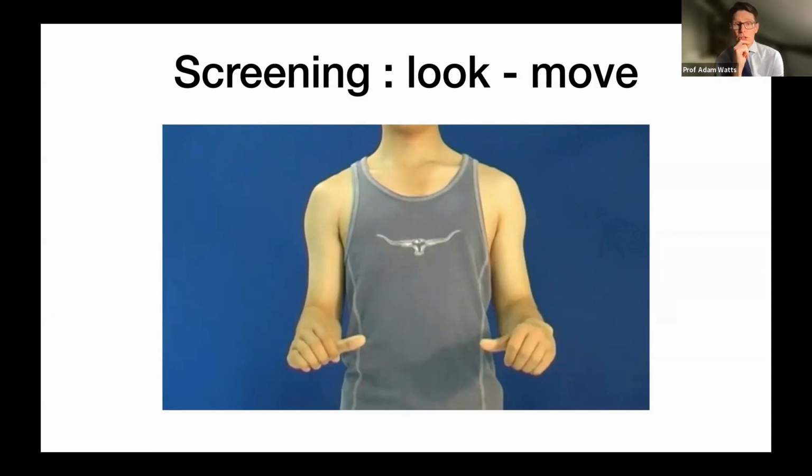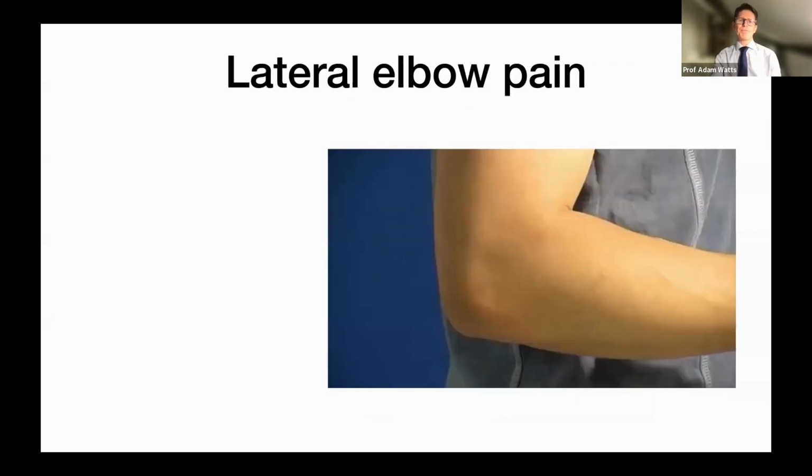But of course, the wrist can account for 10 degrees of pronosupination, and often the patient will be compensating in the wrist. So we're actually looking at the radial styloid and the ulnar styloid and the position of those when examining forearm pronosupination.